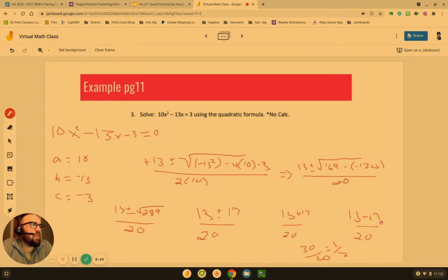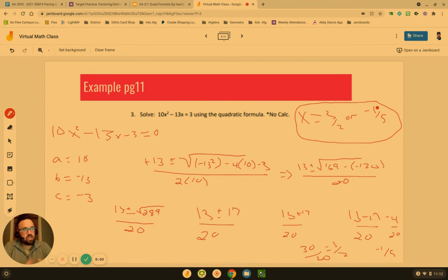Or 13 minus 17 is negative 4 over 20, which is really negative 1/5. So we could say x could equal 3 halves or negative 1/5. And again, really weird answers that we probably wouldn't get if we tried to factor them.